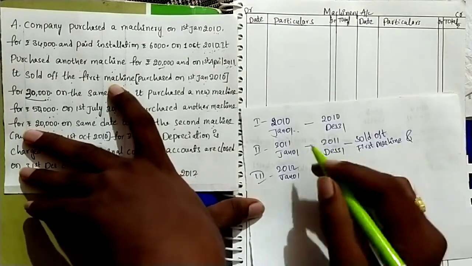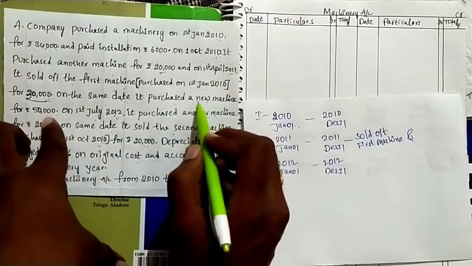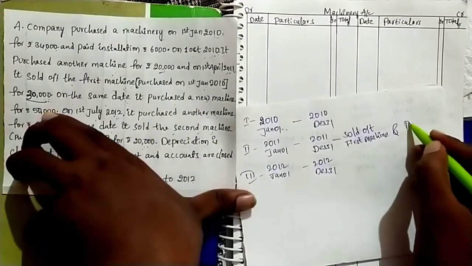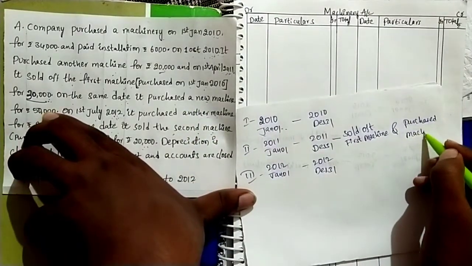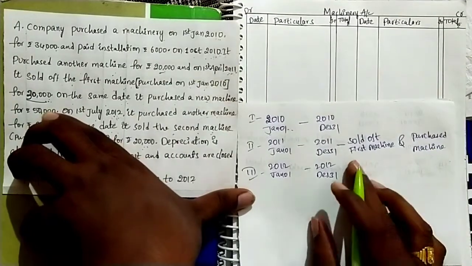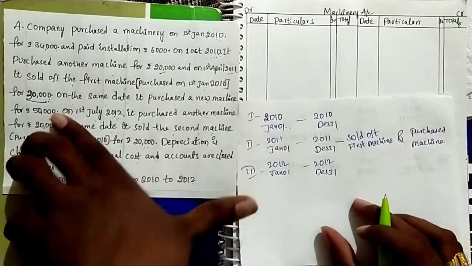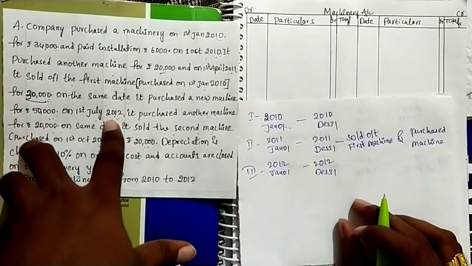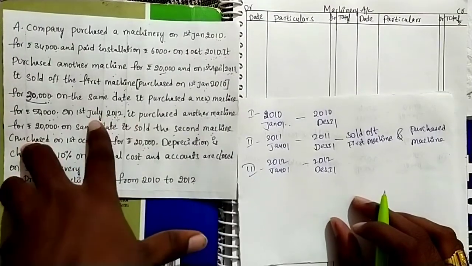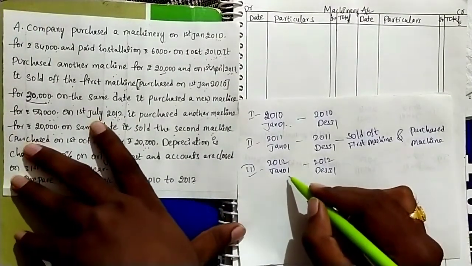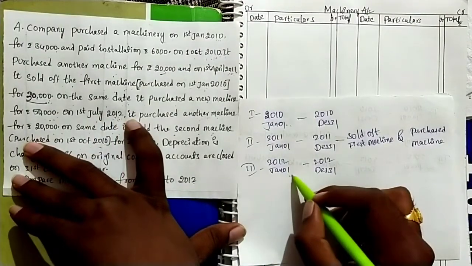On the same date, it purchased a new machine. In the second year, one machine sold, another machine purchased. It's clear? Right. On 1st July 2012, this date comes under the third year.